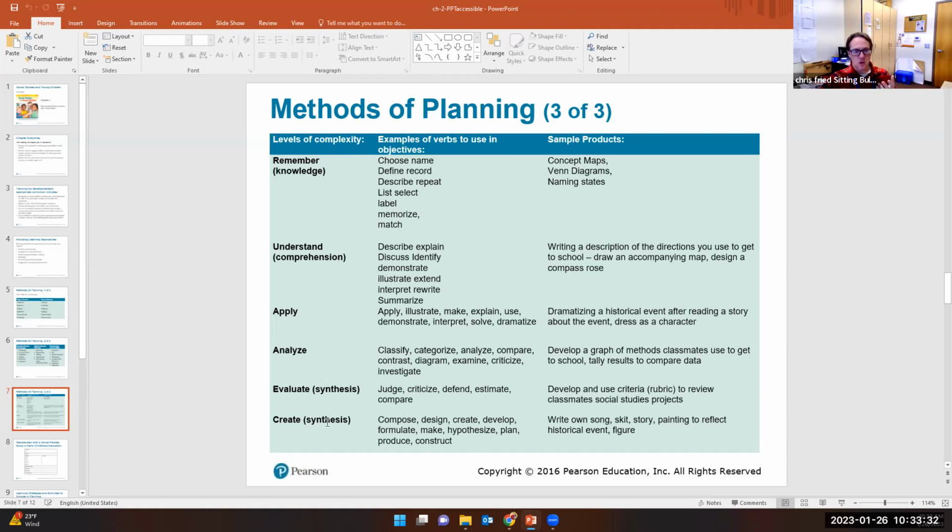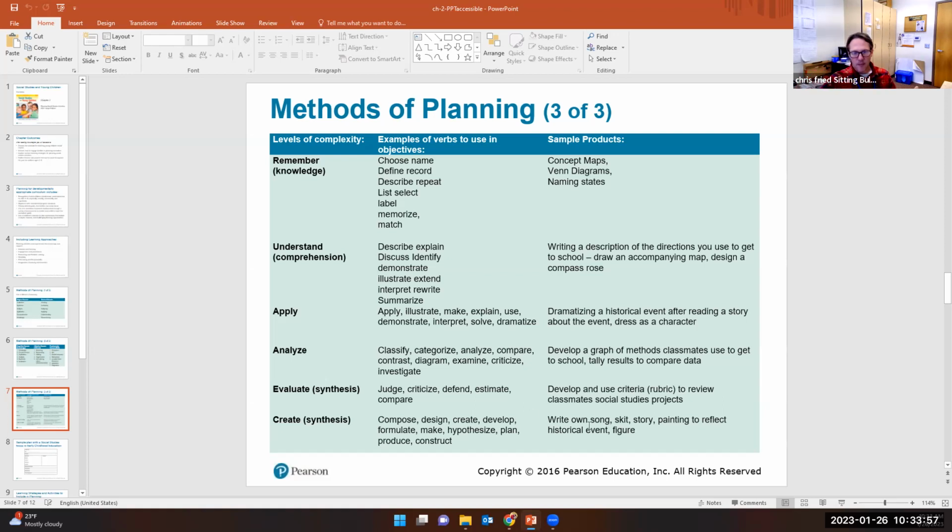Creating would obviously be the higher level that we talked about. So words for our objectives would be such as creating, developing, formulating, hypothesizing, et cetera. You might have students create a map of the nine reservations in South Dakota or North Dakota, or whatever it might be.